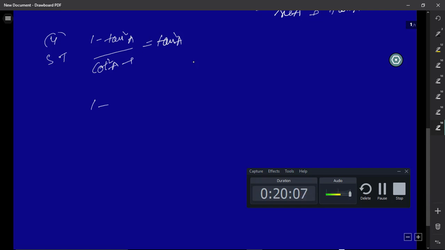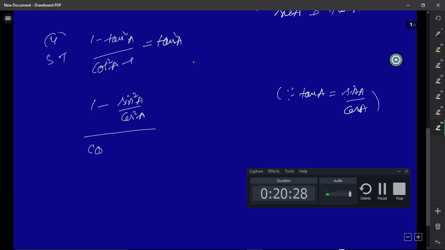We know that tan A is sine A by cos A, so tan square A, I can write as sine square A by cos square A. Cot square A is cos square A by sine square A. Minus 1 I am writing as it is.